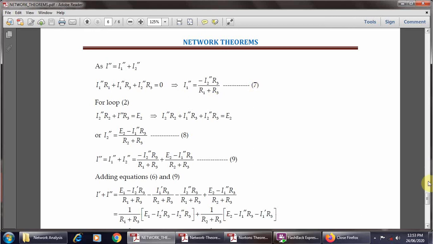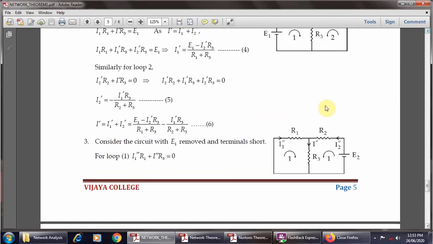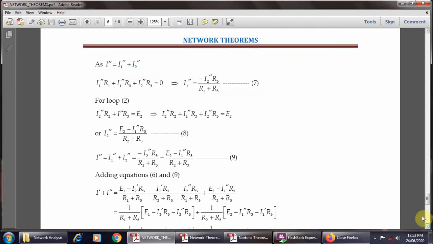For the second loop, I2 double dash R2 plus I double dash R3 is equal to E2. Here I double dash is I1 double dash plus I2 double dash.